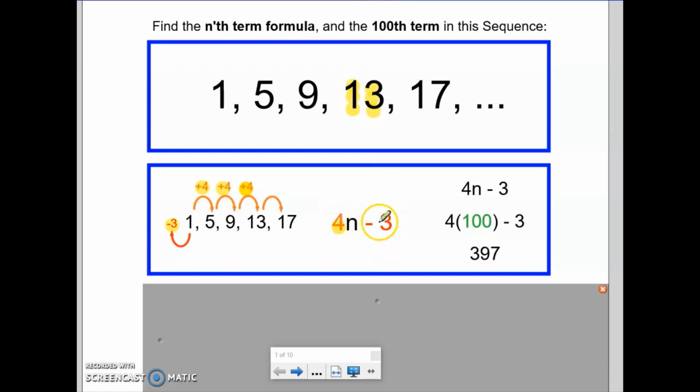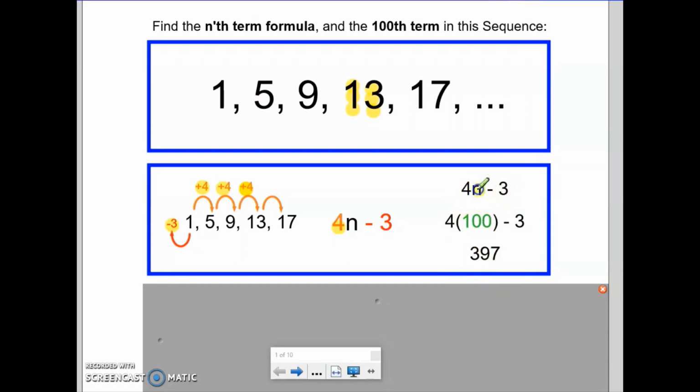Now I'm going to use that nth term formula to find the 100th term in the sequence. Rather than writing the numbers out for 100 terms, I can use my knowledge of algebra and substitution to work out what the 100th term would be. I know 4 times n minus 3 is my formula.